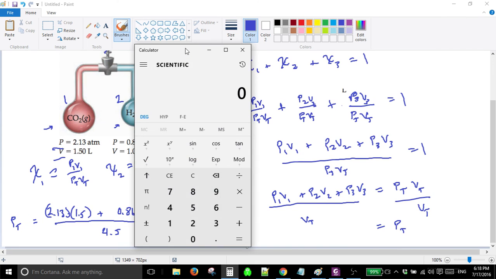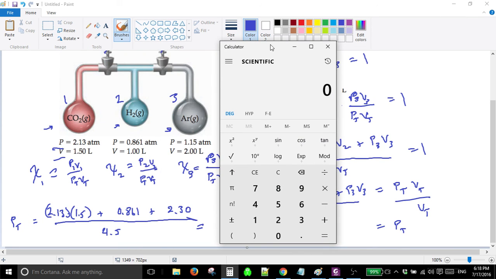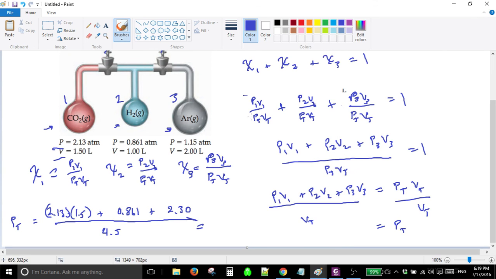And I get 2.13 times 1.5 plus 0.861 plus 2.3, divided by 4.5, that's 1.41. Oh yes, significant figures, right? That's 1.41 atmospheres. That is my final answer.